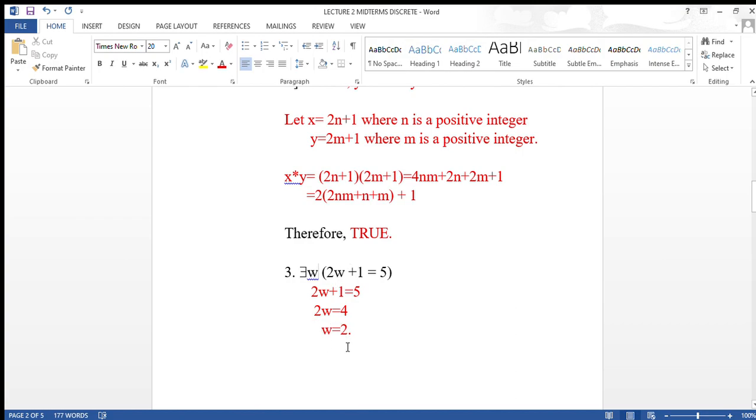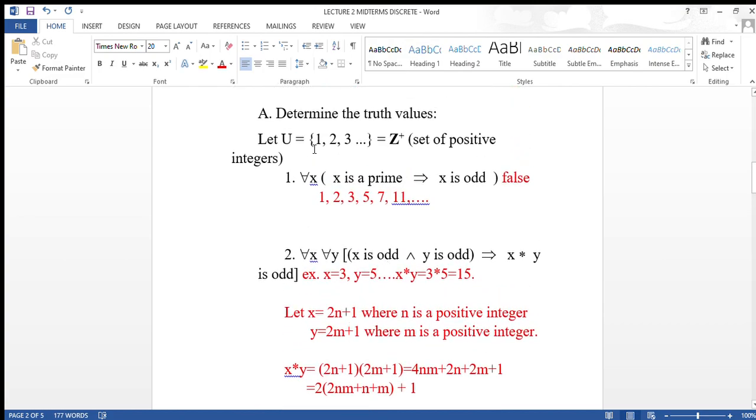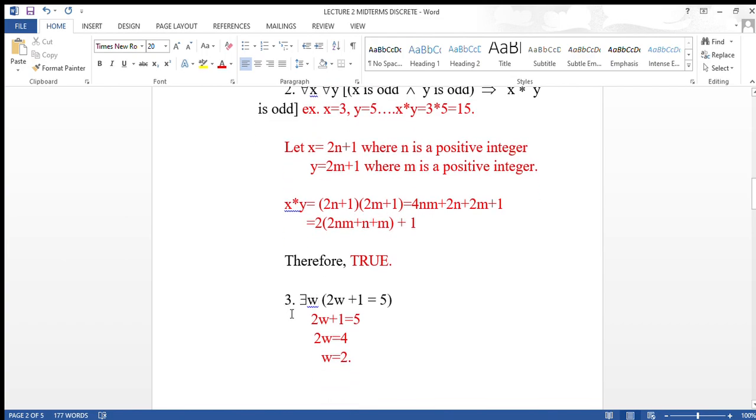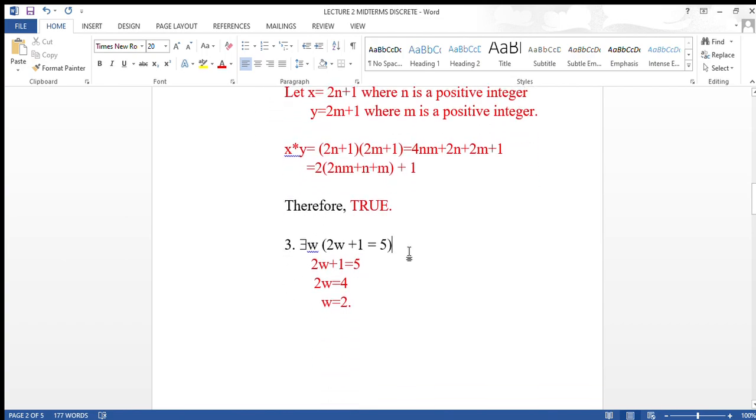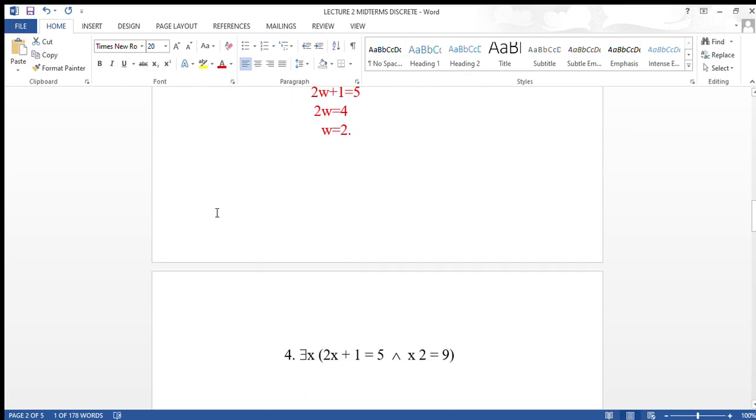Since we have found a possible value of w which satisfies our universe of discourse, that it is a positive integer, then this proposition will have a truth value of true also.